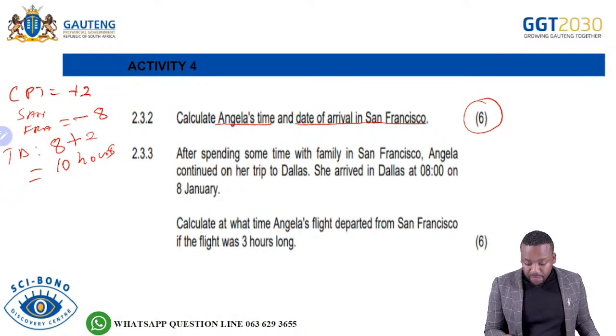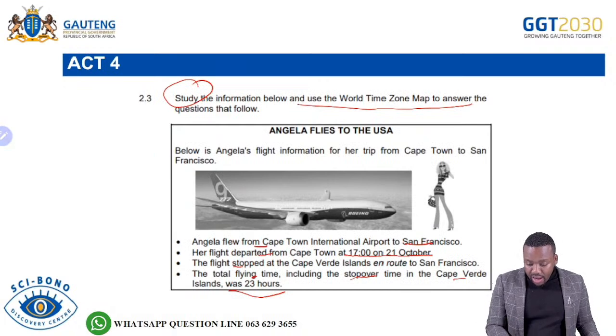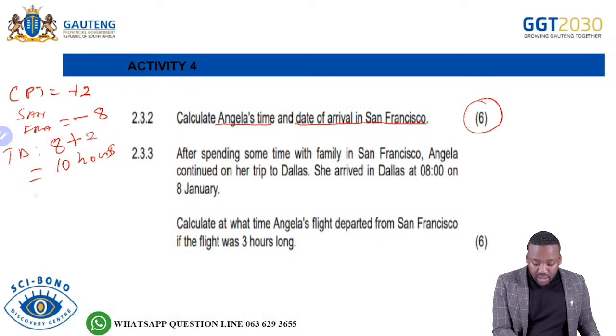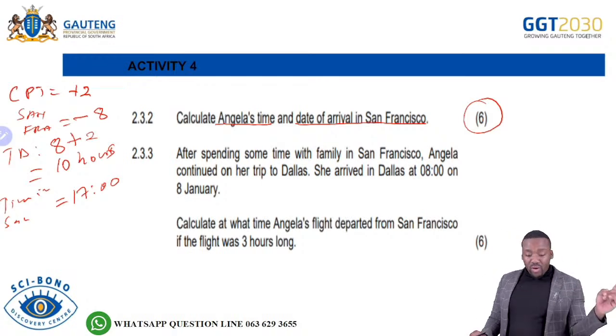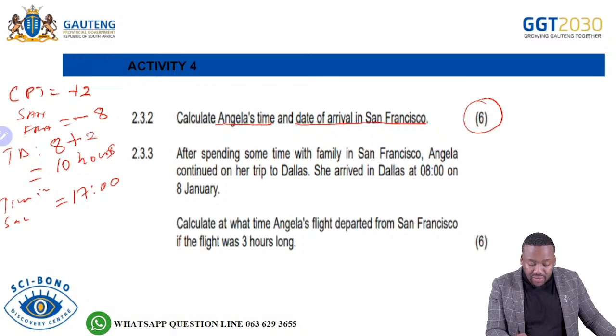Let's check. Her flight departed at 17 hours. We want the time in San Francisco. Meaning when it was 17 hours, what time was it there? Then 17 hours minus 10.